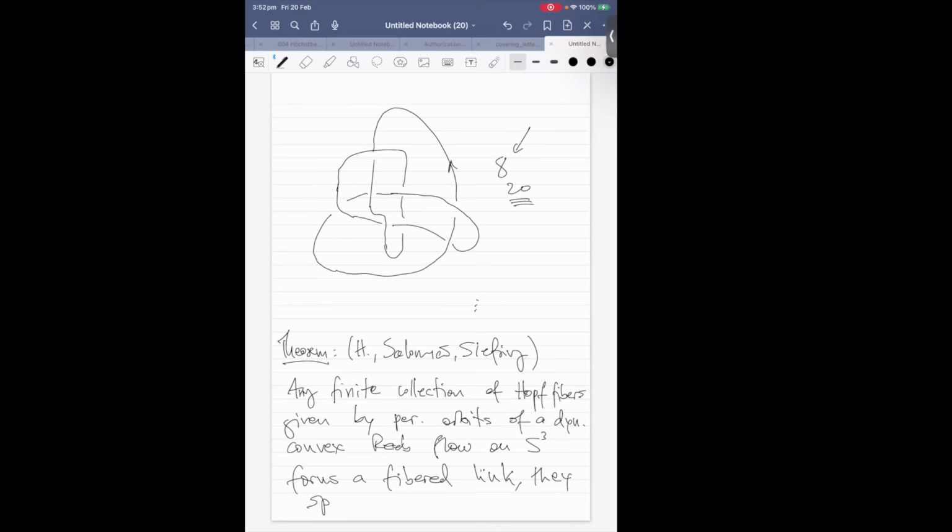They span a global surface of section, of course of high genus. So these are restrictions on the periodic orbits, on the knot types, and on how they can be seen inside the flow.